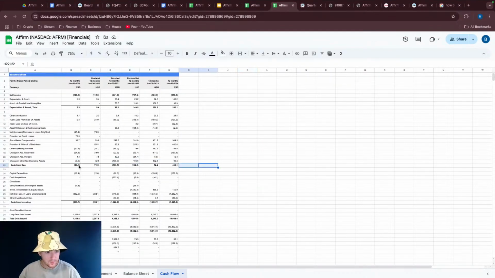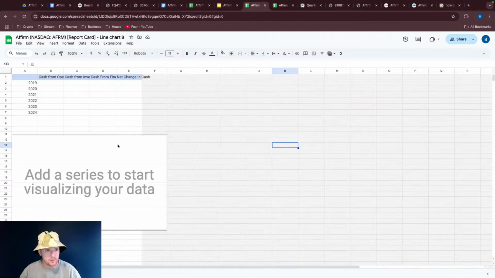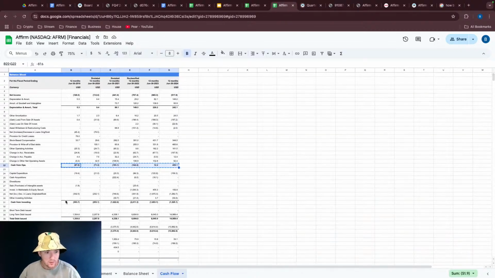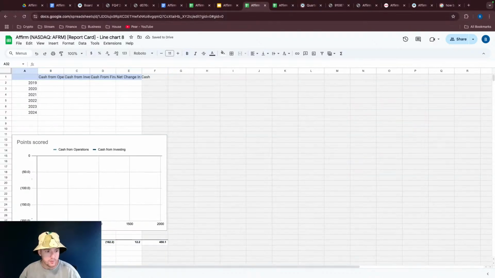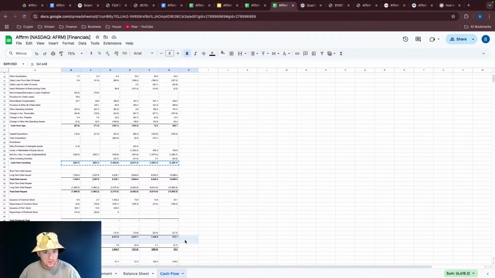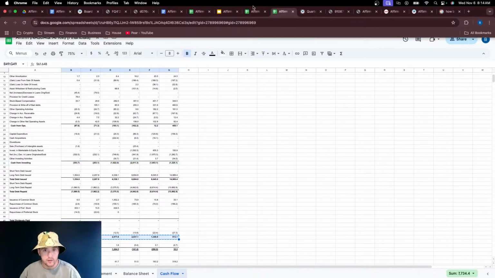Cash from ops. All right, there's really nothing to describe about this. Cash from ops. Cash from investing. Cash from financing.